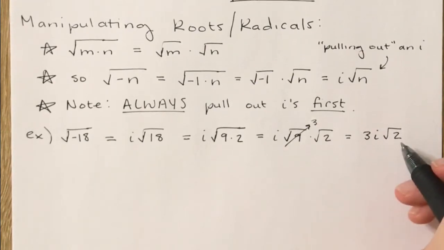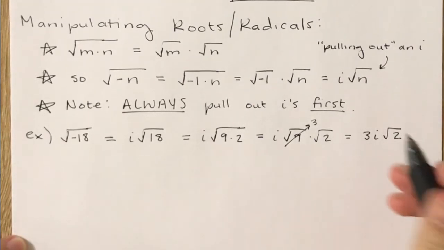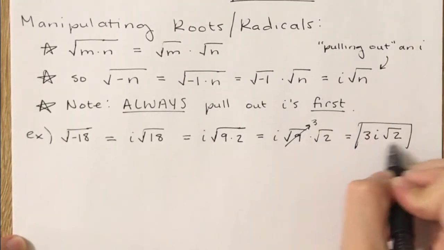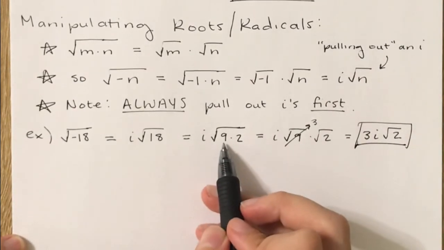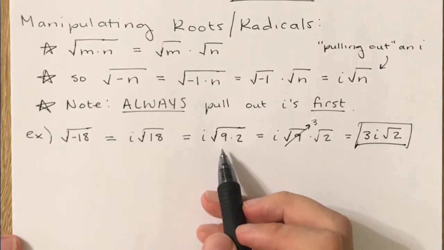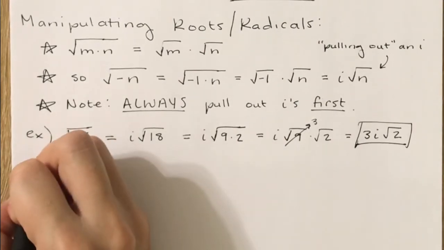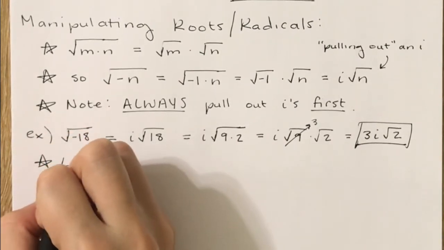This isn't the only correct way to write this, but it's kind of easier to read. So this is our answer here. Again, when we're doing stuff like this, we want to use these factors that are perfect squares. So again, we're looking for perfect square factors.